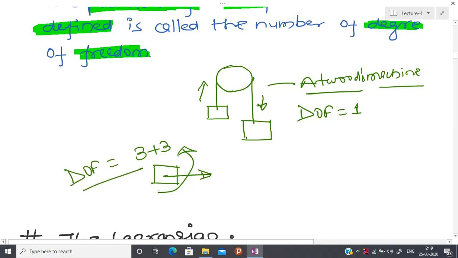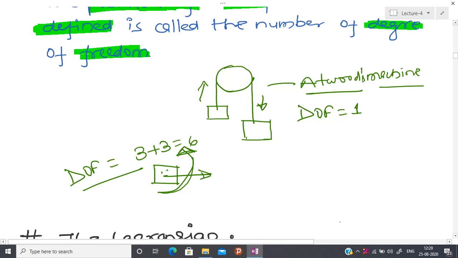Most of the time, whenever I have a problem related to rigid motion, where translation and rotation are involved, and we assume that the distance between two particles is always fixed, which is the meaning of a rigid body, then the degree of freedom is equal to 6: 3 degrees of freedom in the direction of translation and 3 in the direction of rotation. So I need 6 generalized quantities to characterize the motion of a rigid body.